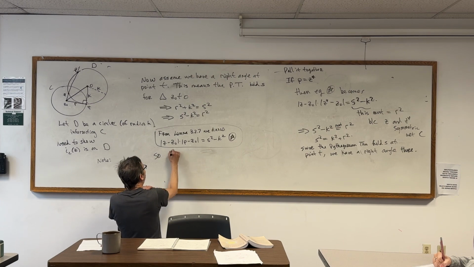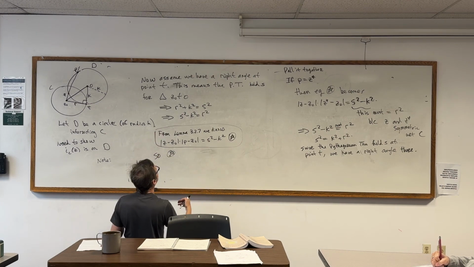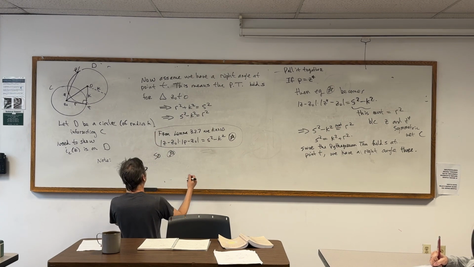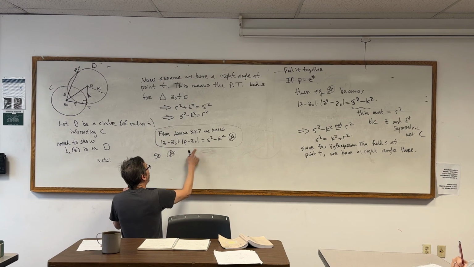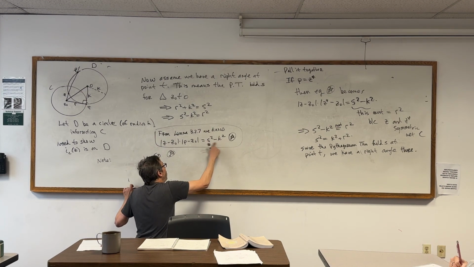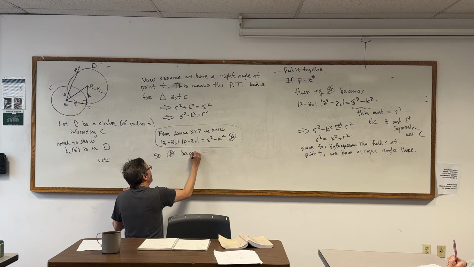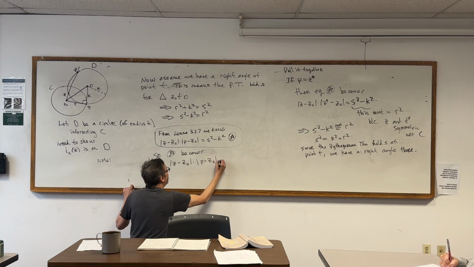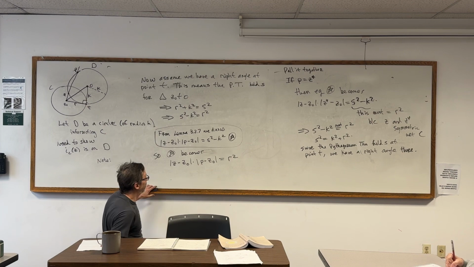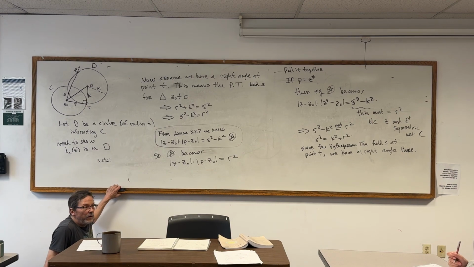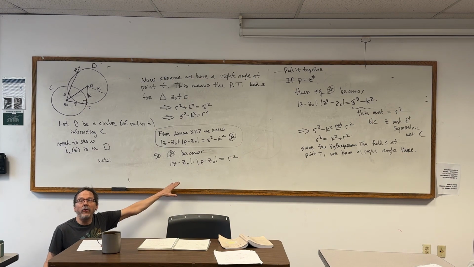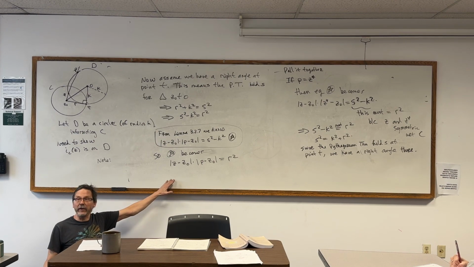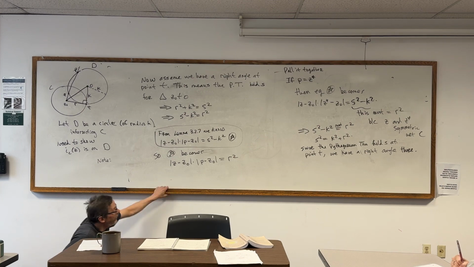So star becomes a new thing. I'm just going to replace that with r squared. Z minus z naught times p minus z naught is equal to r squared. But that's the equation for reflection. This is the symmetric point equation right here for the circle C.